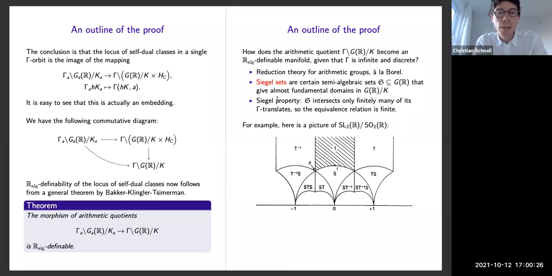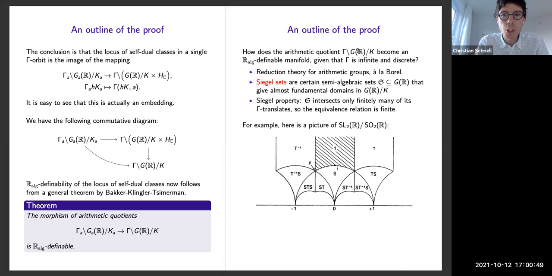More precisely, you have the Siegel property: when you look at translates of the Siegel set sigma, you can only intersect finitely many translates by gamma. In other words, sigma is not quite a fundamental domain, but on sigma, the equivalence relation defined by gamma has finite fibers. And then you can take a quotient.